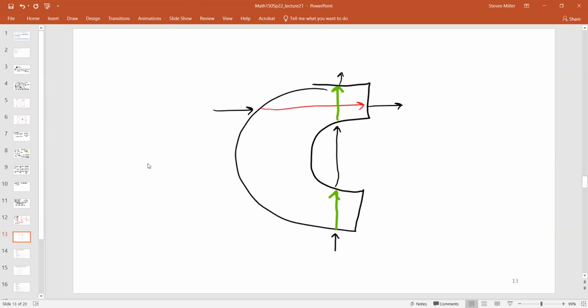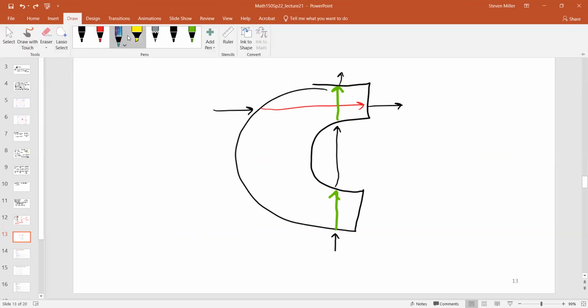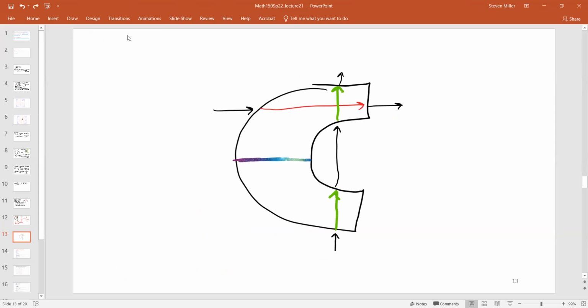What I could do is I could split it here and have two different regions. And so now I would have one region would be this, and the other region would be that.